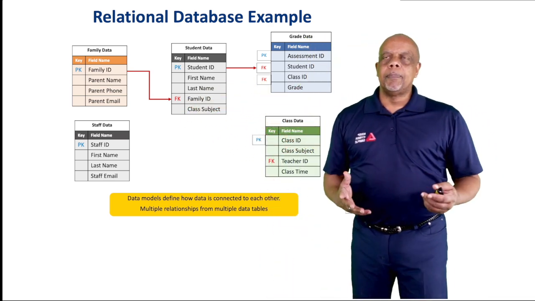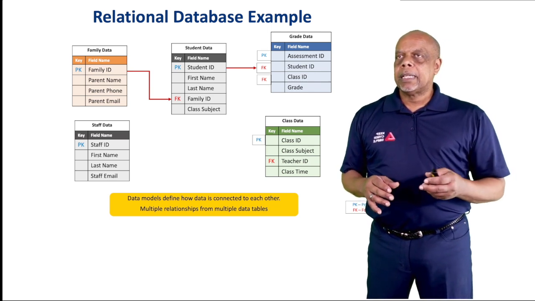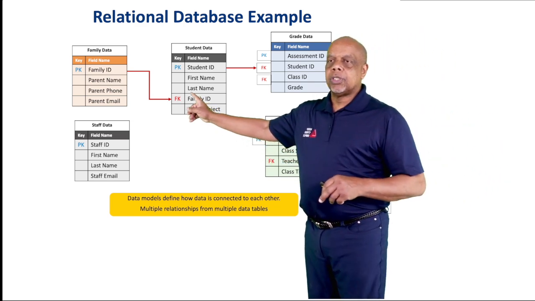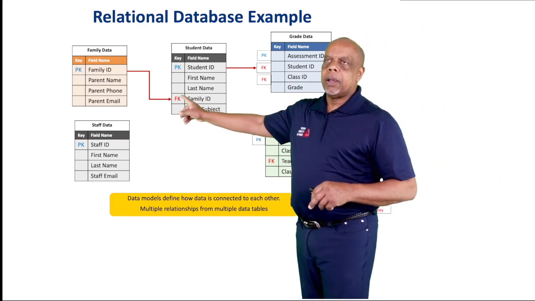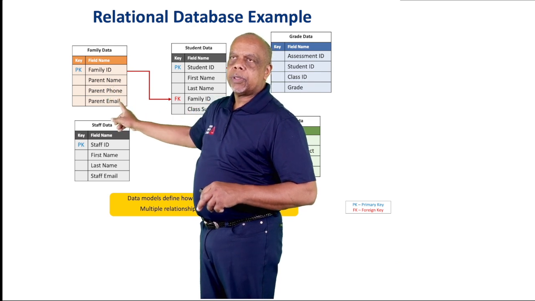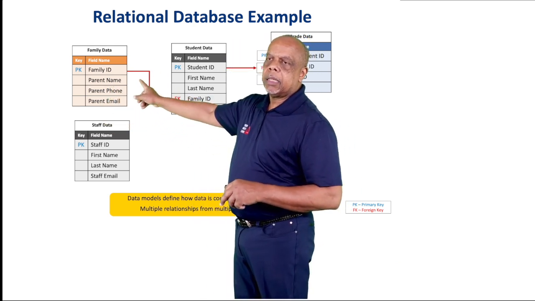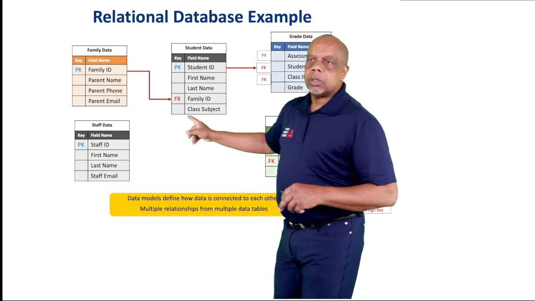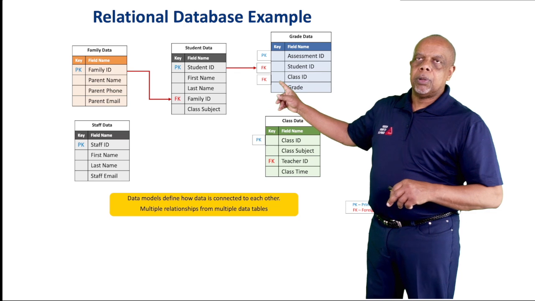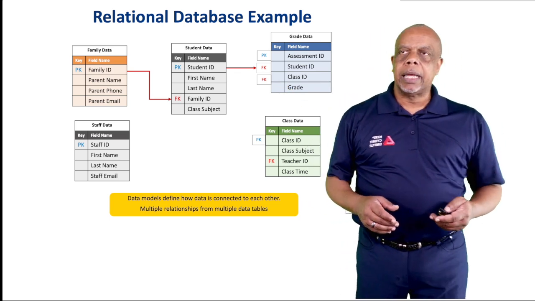So I can go into my database now and I can actually do a query, and if I pull up the family, let's say student's name, Johnny Smith, because I have this relationship, I know that Johnny Smith's parents are Susie Smith and Donald Smith, and I know their email addresses. Why? Because it's able to link, it's able to pull that data from this table, the query. I also know that Johnny Smith is, based on his student ID, now I can pull what class he's in and what grade he's having in that class.